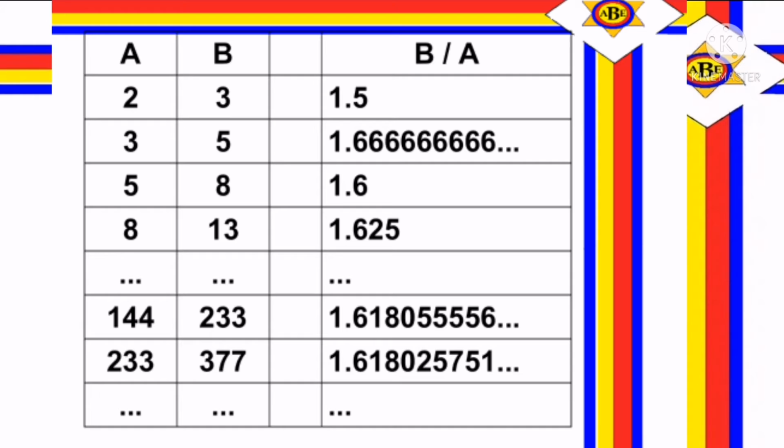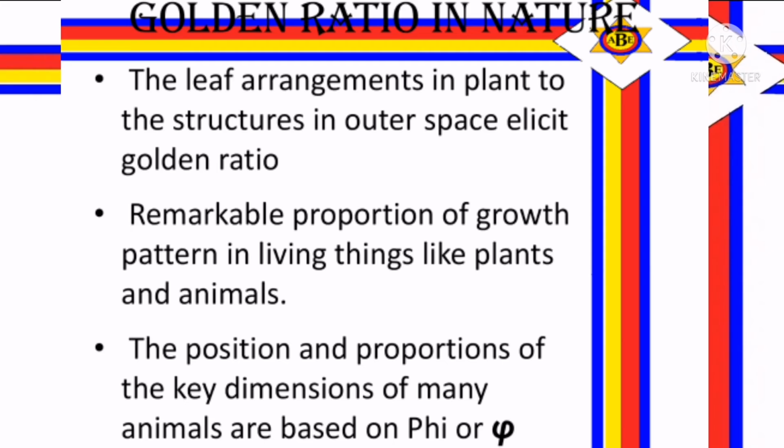Then, if we divide 377 by 233, we got 1.618025751. If you're going to notice, the value of B divided by A is very close to the golden ratio as the bigger values arise.